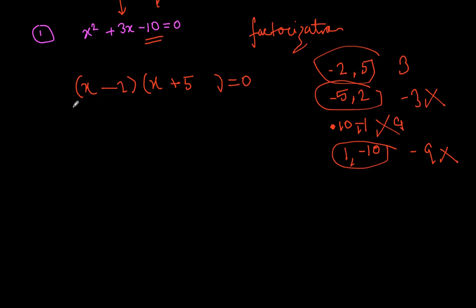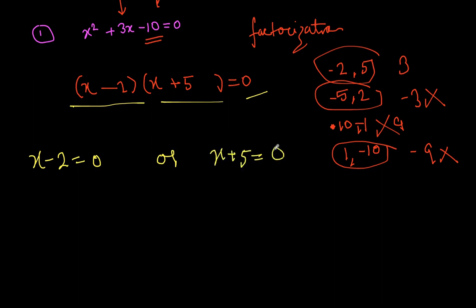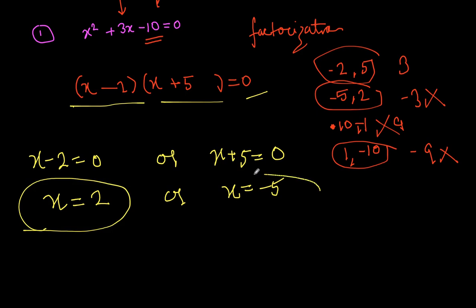This means that either x minus 2 will be 0, or x plus 5 has to be 0, then only you will get a final result of 0. Now if you solve this, you will get x equal to 2 or x equal to minus 5.